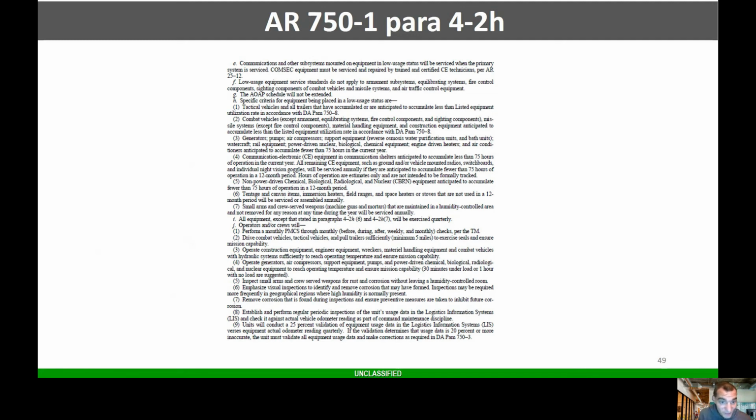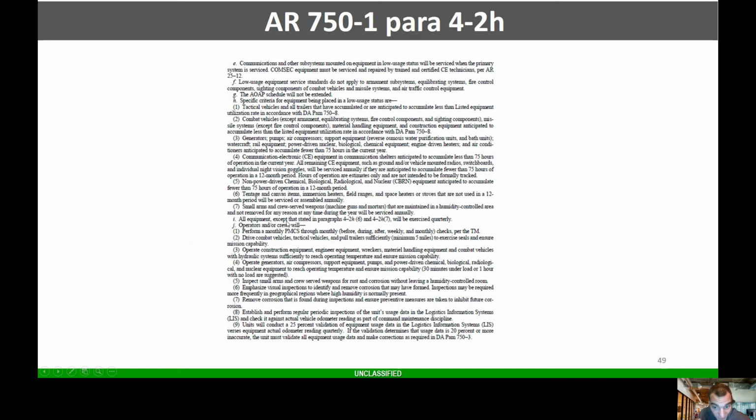Canvas items, small arms and crew served weapons, machine guns and mortars that are maintained in a high humidity controlled area and are not removed for any reason will be serviced annually. There's a lot of equipment you can put into low usage: generators, pumps, heaters, support equipment, all of it is right here in 750-1. I'm not going to read it all because there's a lot here.